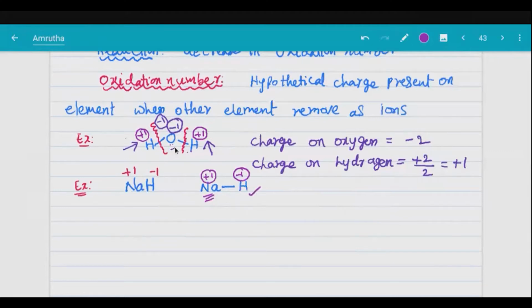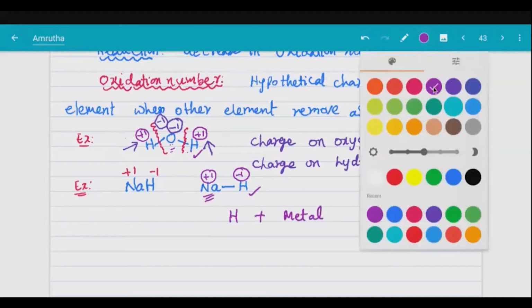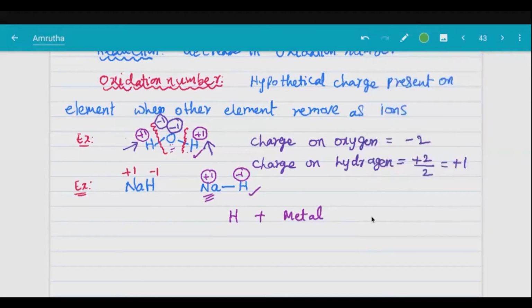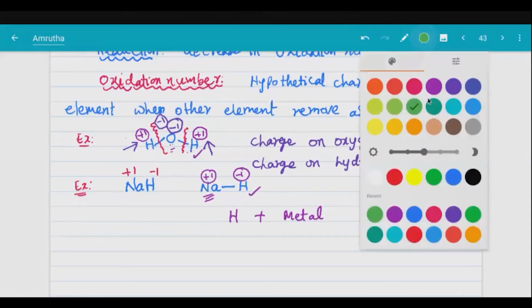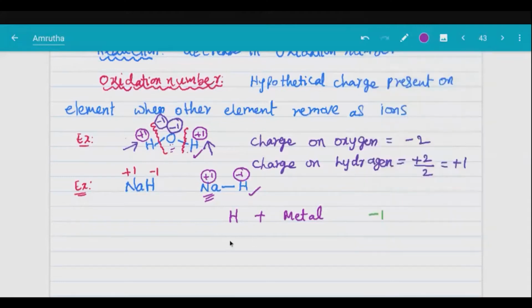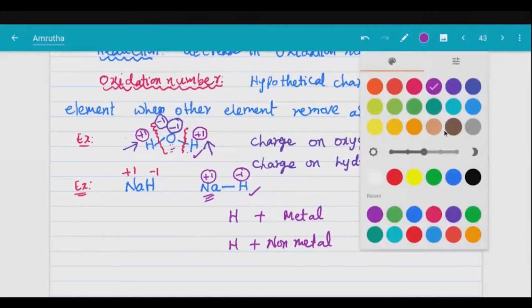When it connects with a non-metal, like oxygen, hydrogen is plus 1. So very simple: hydrogen with metal, what is the charge? Minus 1. But hydrogen with non-metal, what is the charge? Plus 1.